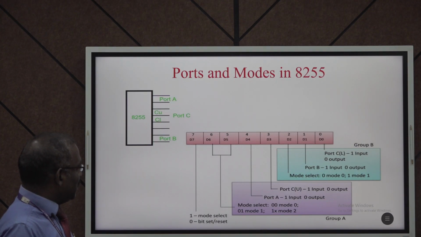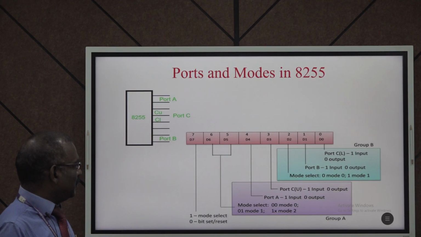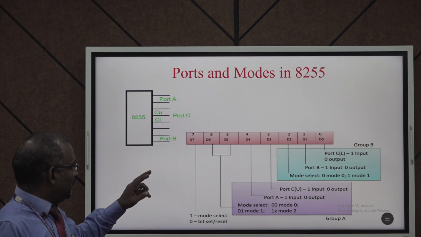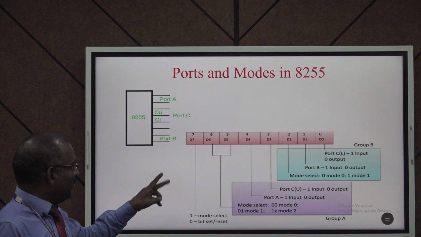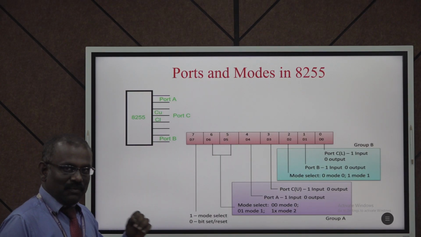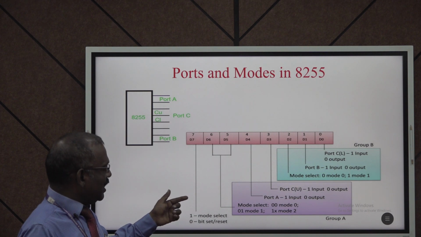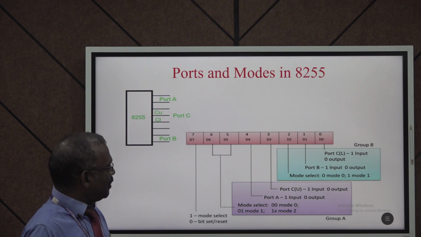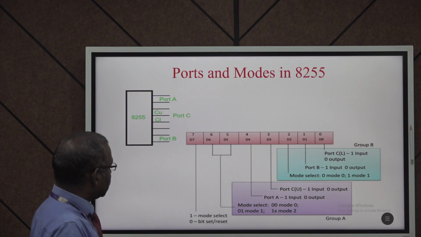As I already told, we can operate all the ports, port A, port B, port C in mode 0, whereas group A and group B will be operated in mode 1, whereas group A will be operated in mode 2. While operating group A in mode 2, we can operate group B in either mode 0 or mode 1.